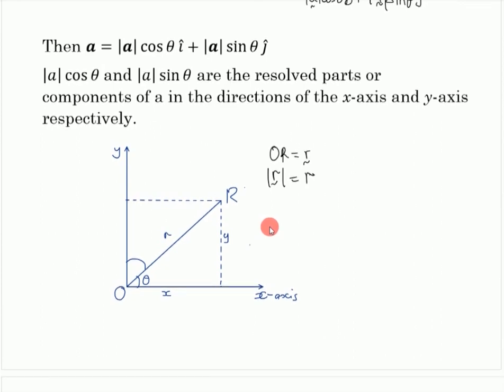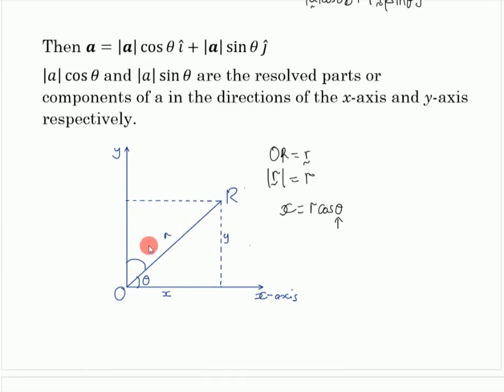So if I want to resolve OR along the x, I get r times cosine of theta. Rx is equal to r times cosine of theta. I'm saying that this theta here is the angle which r makes with the x axis. That is when I'm resolving along the x direction.